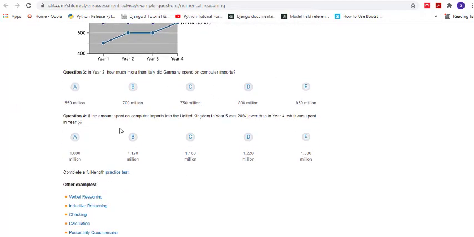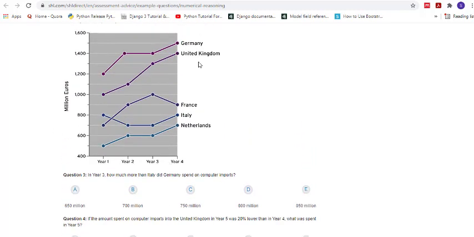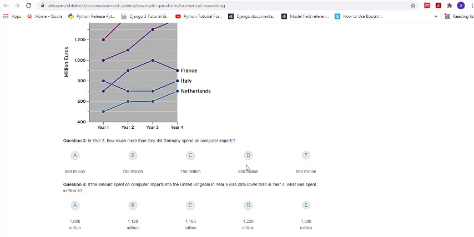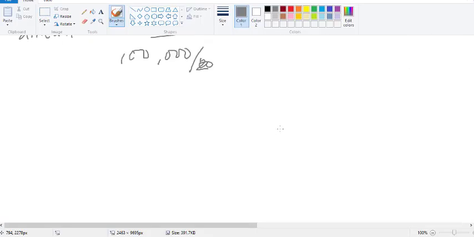And last but not the least, if the amount spent on computer imports in the United Kingdom in year 5 was 20% lower than in year 4, what was spent in year 5? So UK. UK year 4 is 1,400. Pero daw, it's predicting that in year 5, 20% lower ang gagastusin nila kaysa sa year 4. 1,400 times 0.20. Tama man? So, ang gagawin mo is, kunin mo yung 1,400 times 0.20 kasi nga, kukunin mo muna yung 20% niya.